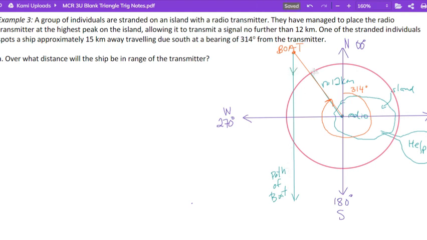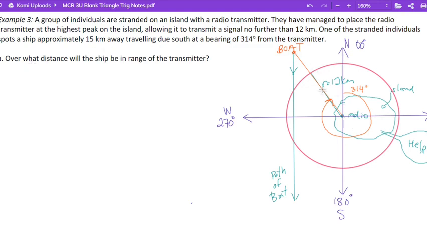I know this is a lot. This is like a thinking inquiry question, but I'm doing it with you guys now. Anyone see what we're going to be solving for? What is it called? The chord. Drawing the picture is tricky, but once we got it, we're just solving for the chord.